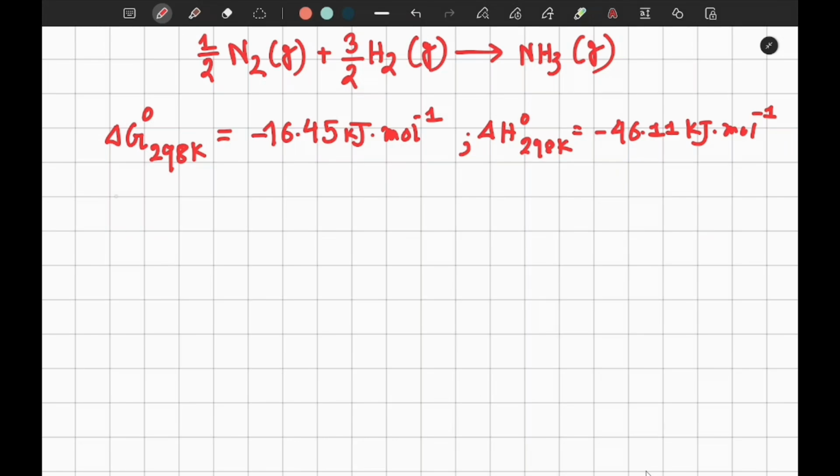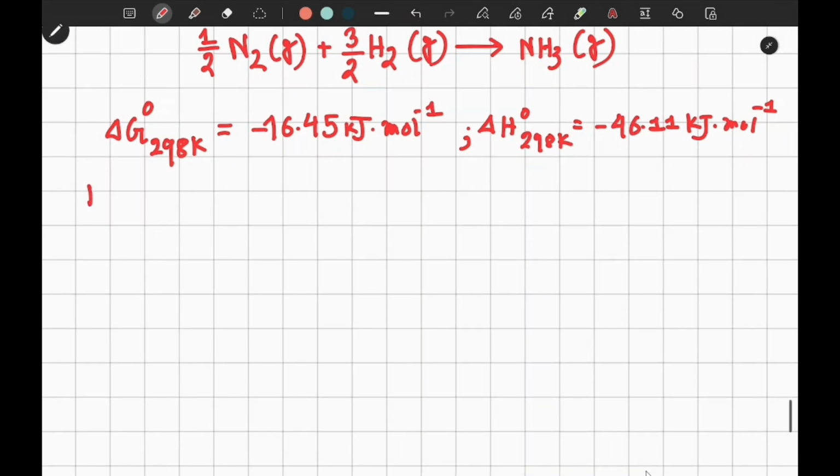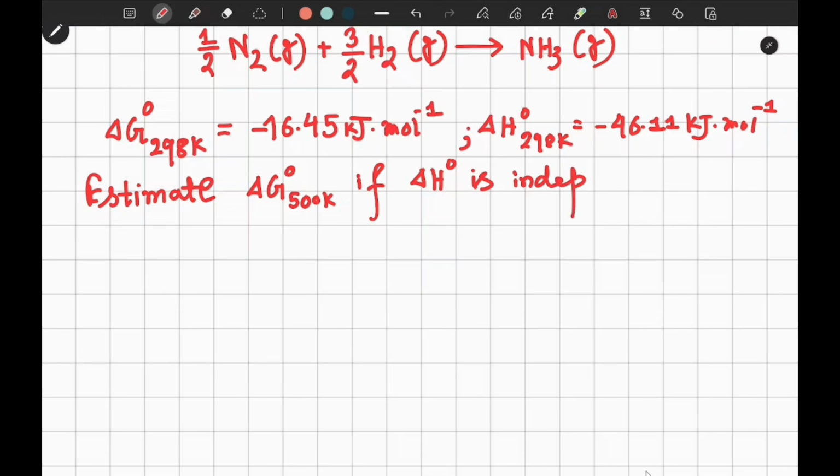We have to calculate or estimate delta G naught at 500 Kelvin if temperature. So this is the question.